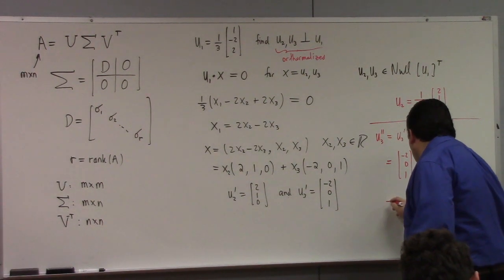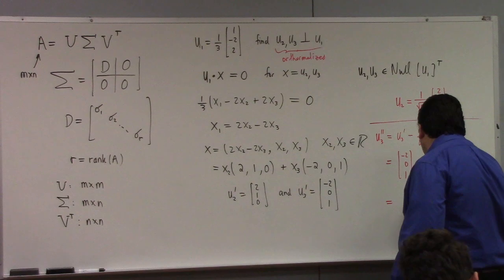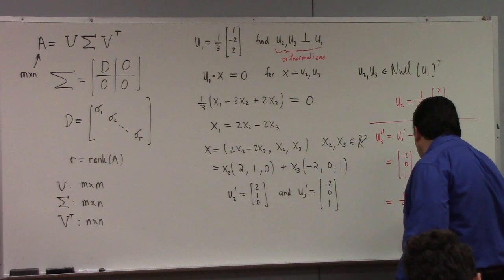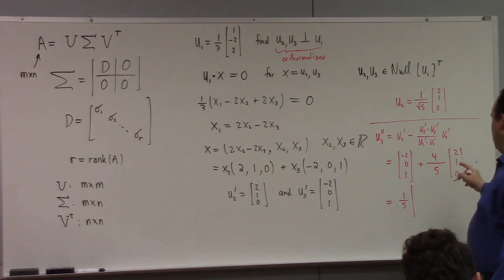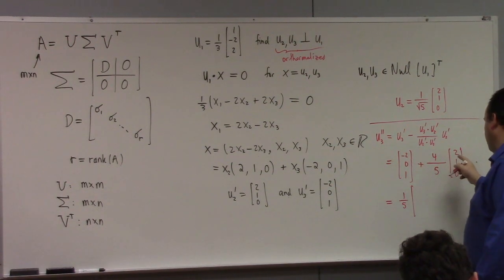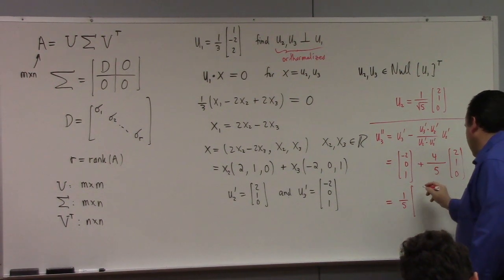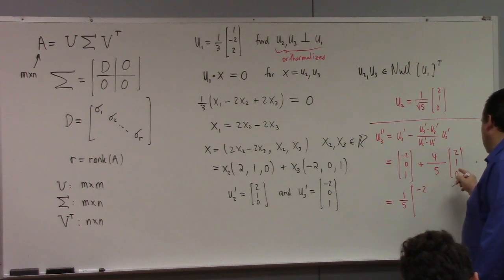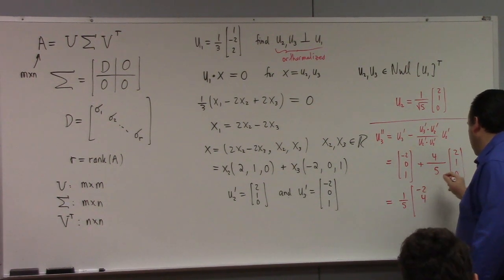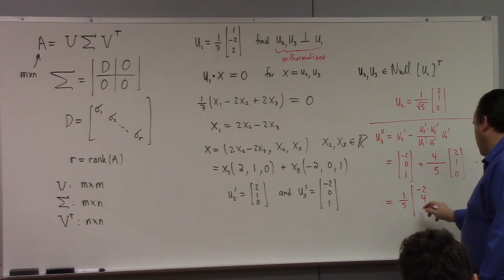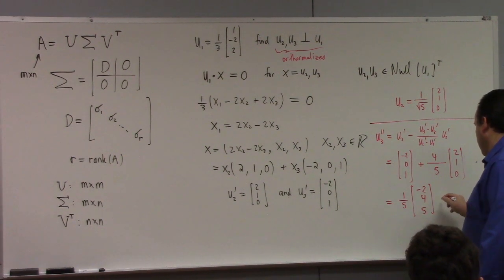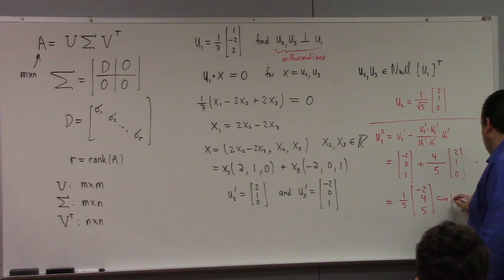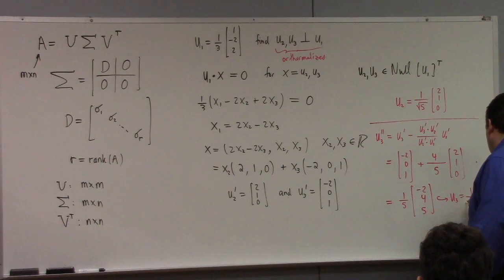So this gives me an unpleasant 1/5. I'll bring the 1/5 out front. And that gives me (minus 10 plus 8, which is minus 2), then 4, and then 5. So normalizing this thing gives me u3 is 1 over the square root of 45 times (minus 2, 4, 5).